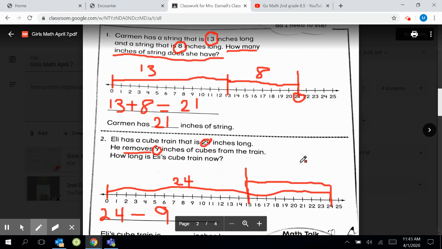And this whole thing was 9. We went back 9. And where did we end up? We ended up on the 15. So we know that 24 minus 9 equals 15. And there's a part of the page that you write. I can't reach it here, but it says Eli's cube train, and you'll write 15 is 15 inches long now.